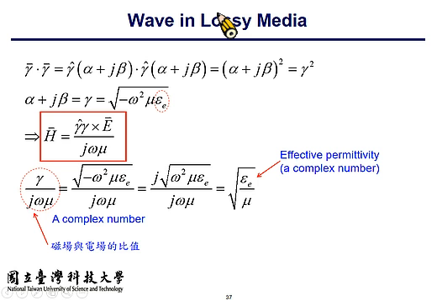Because this is the unit vector, the magnitude of this is 1. This is the E field representation, this is the H field representation.